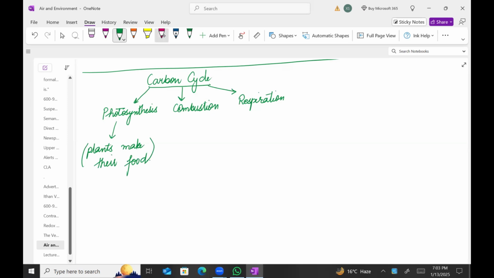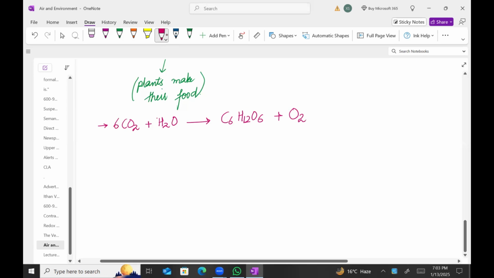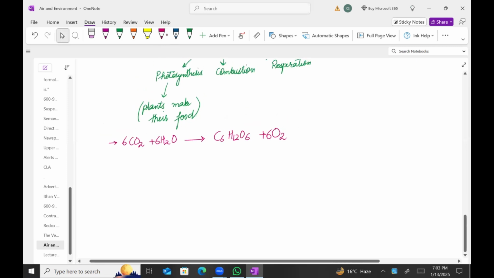If we discuss photosynthesis further, in this process carbon dioxide from the atmosphere reacts with water and produces glucose, that is C6H12O6, and it also produces oxygen. If I balance it, I have to put 6 here, 6 here, and 6 here as well. So now it's balanced.